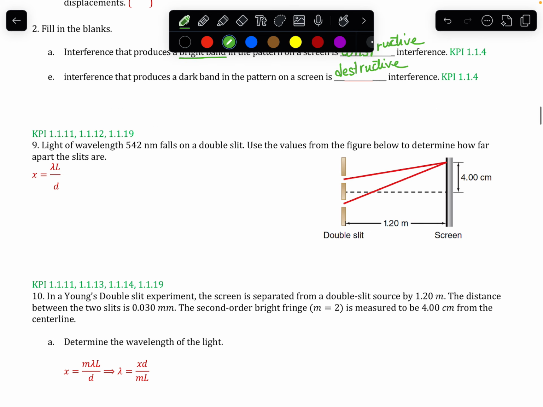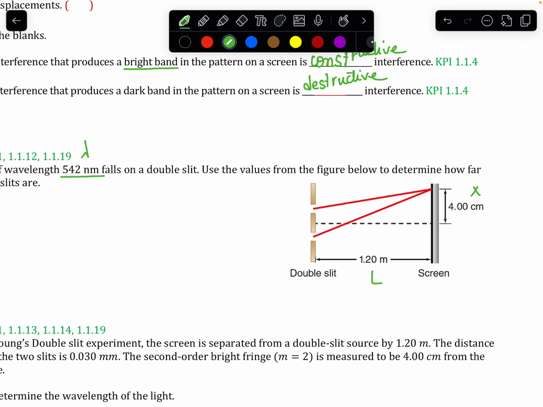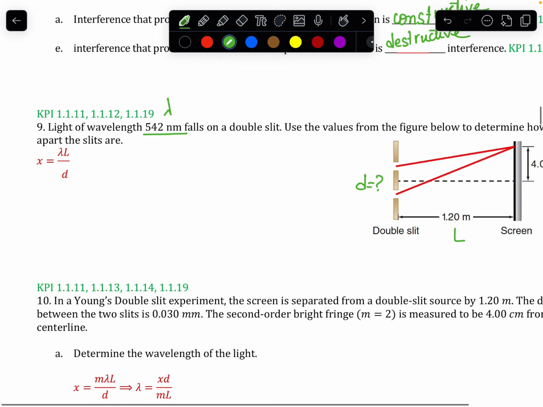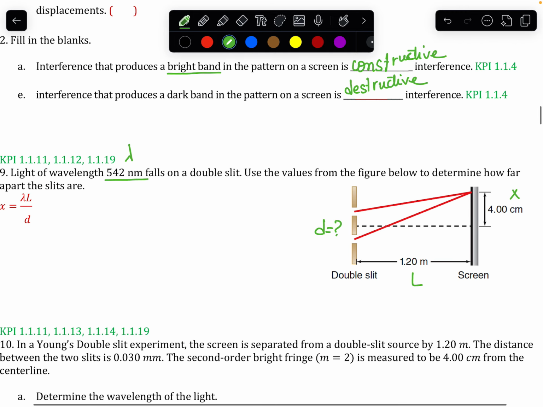Question 9. Light of wavelength, I have the wavelength, falls on a double slit. Use the values from the figure. I can see that this is L, this is X, I don't know D. So I replace each by its value. So that's 4 times 10 to the power of -2.